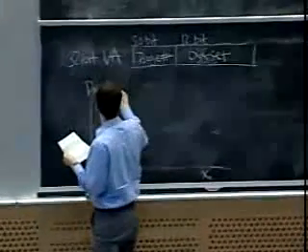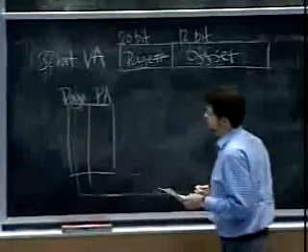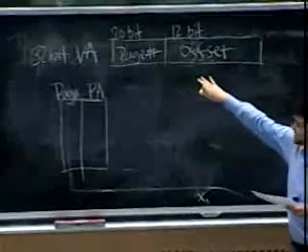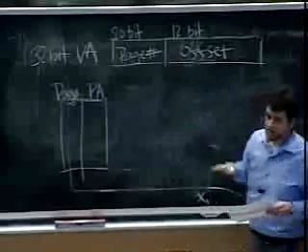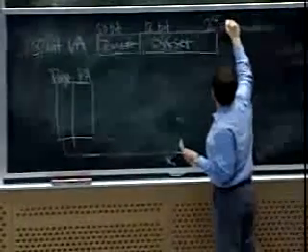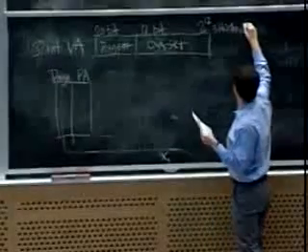So this table is going to look like a mapping between a page and a physical address. If the offset is 12 bits long, then each page is going to be 2 to the 12th, which is equal to, say, 4,096 words.